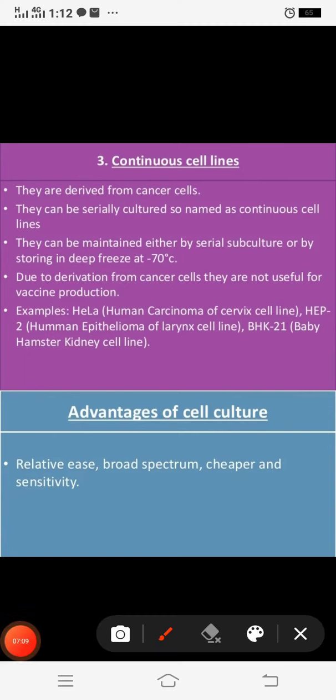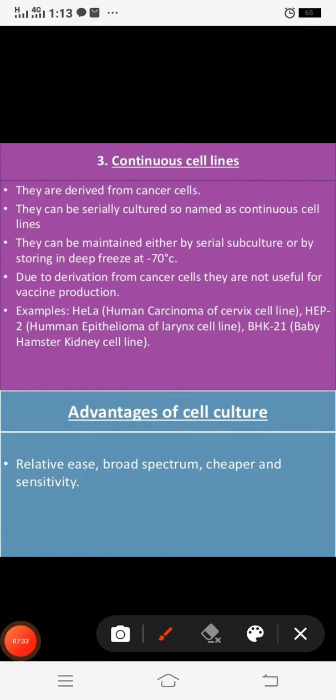Third is continuous cell lines. They are derived from cancer cells. They can be serially cultured, so they are named continuous cell lines. They can be maintained either by serial subculture or by storing in a deep freezer at minus 70 degrees centigrade.